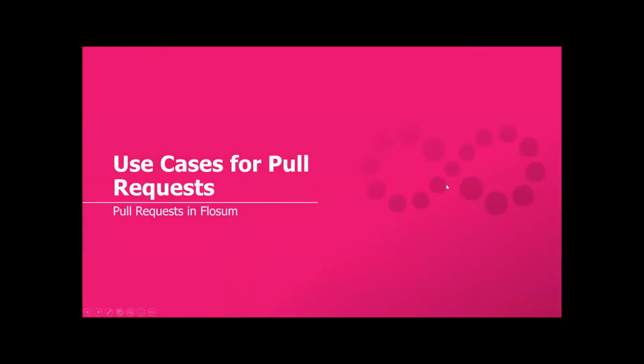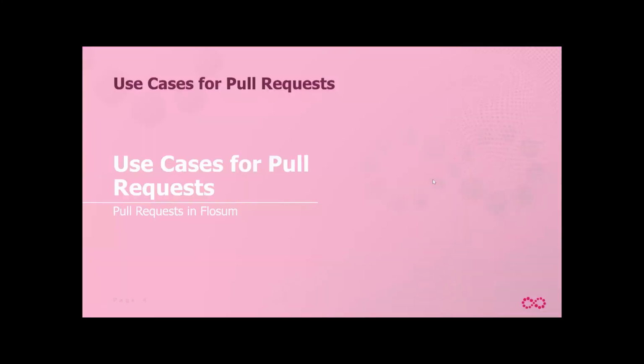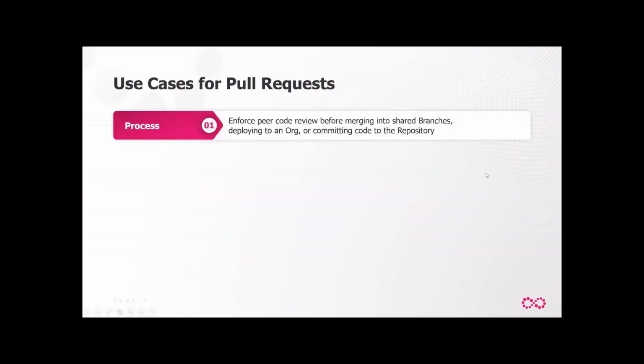So to kick things off with use cases for pull requests, we have four. The first that we see is process. We really believe that, from the feedback we get from customers around process, there are some areas where they'd like to safeguard and make sure that there's a good, dutiful review of code by their peers.